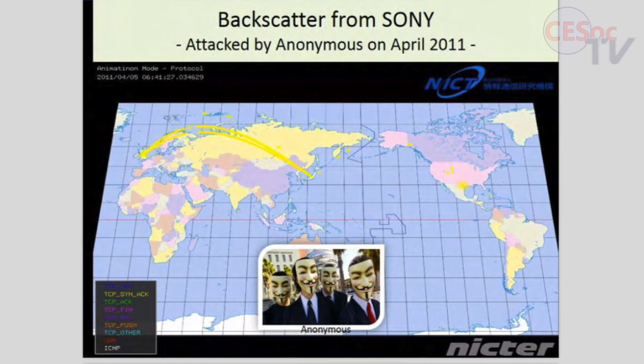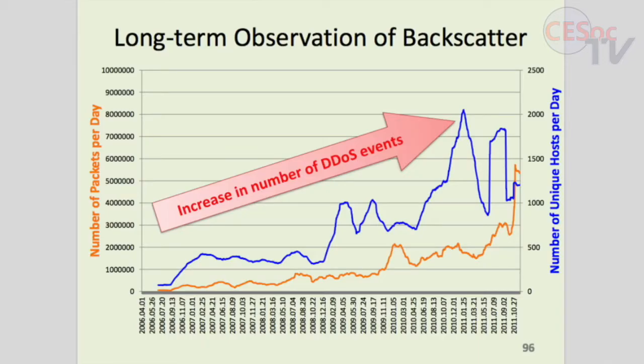So by using these kinds of darknet monitoring, we can observe and make some initial alert when you're getting infected or attacked by some DDoS. Long-term observation starting from 2006 shows the backscatter is increasing very, very much.